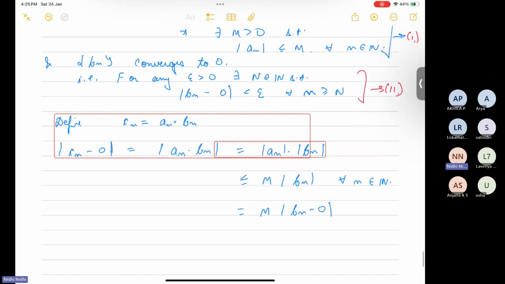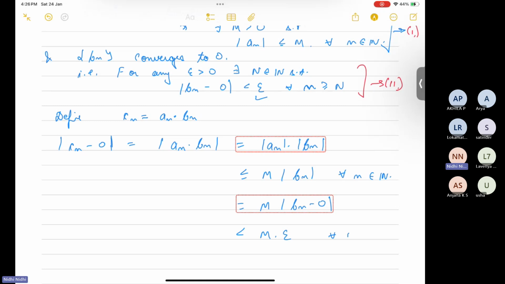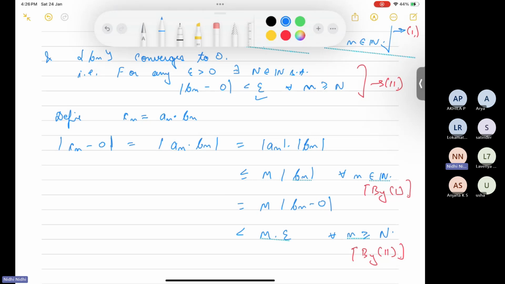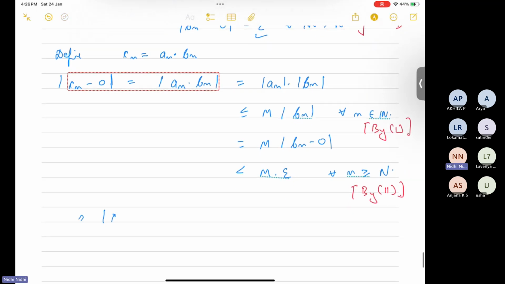Now bn minus 0 is strictly less than epsilon whenever n is greater than or equal to capital N. This means mod Cn minus 0 is less than m times epsilon for all n greater than or equal to capital N.